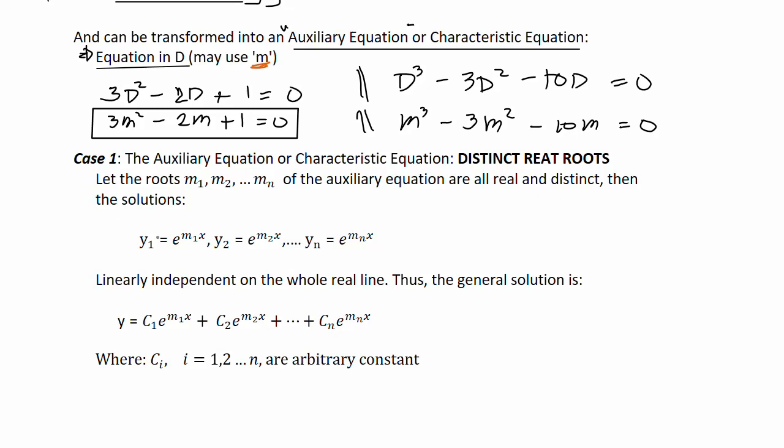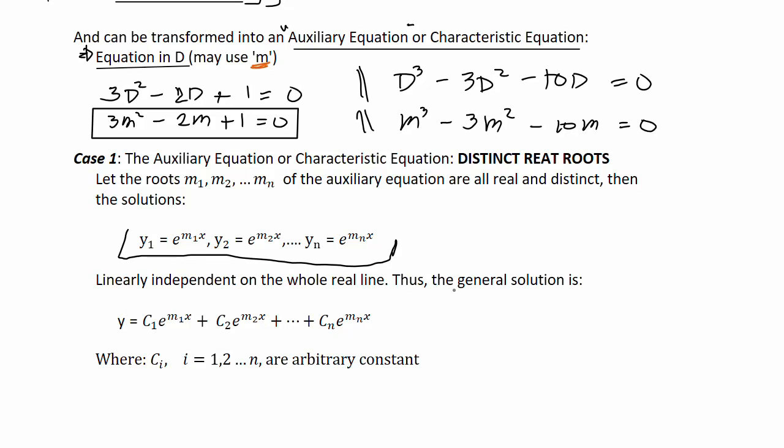Then we have these solutions for our differential equation: y1 is equal to e^(m1 x), y2 is equal to e^(m2 x), and up to yn is equal to e^(mn x). These are linearly independent on the whole real line.